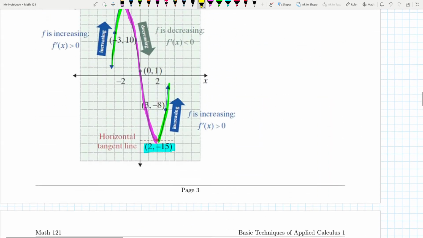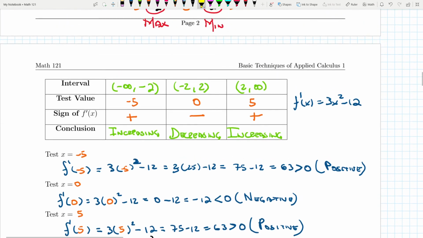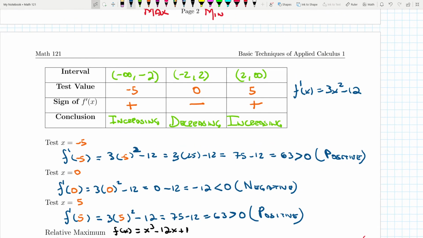On the previous example, we should have done the same as well. So let me go back.